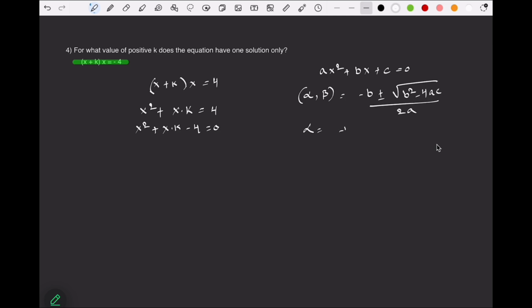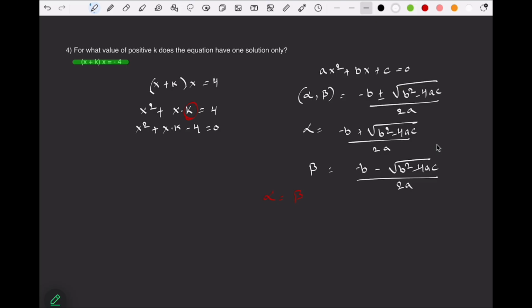Alpha equals minus b plus square root of b square minus 4ac divided by 2a, and beta equals minus b minus square root of b square minus 4ac divided by 2a. In this question, what they are asking is for what value of k alpha equals beta. So it should have only one positive value as its root.